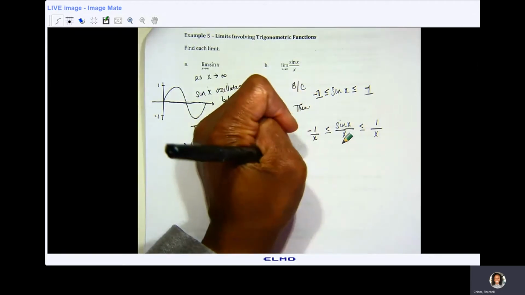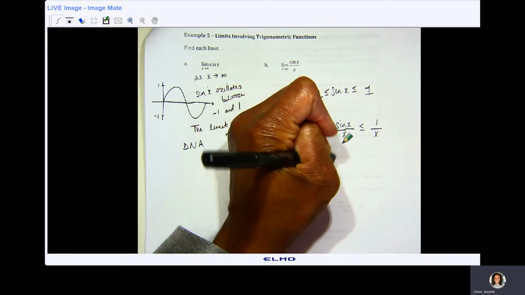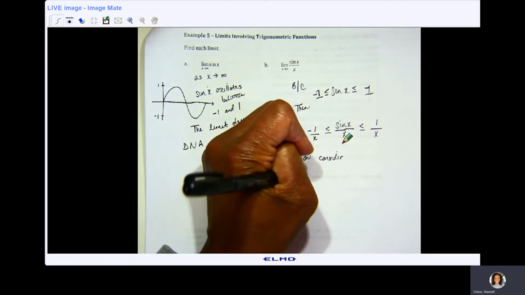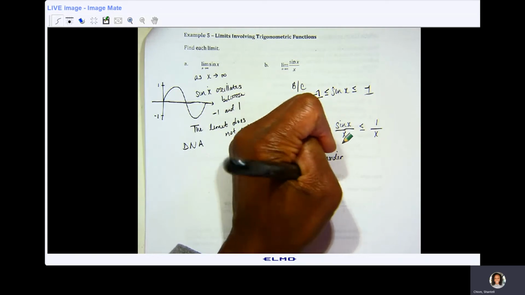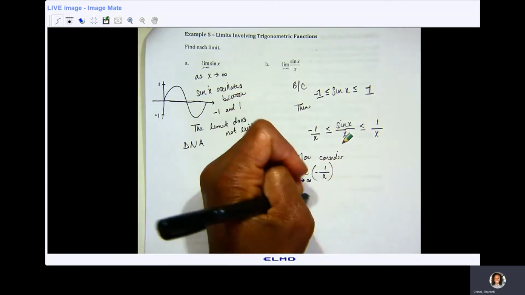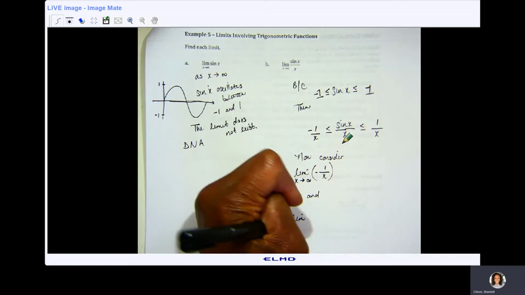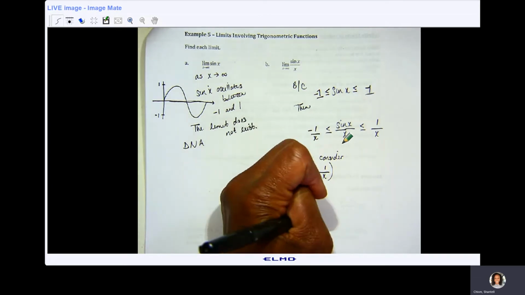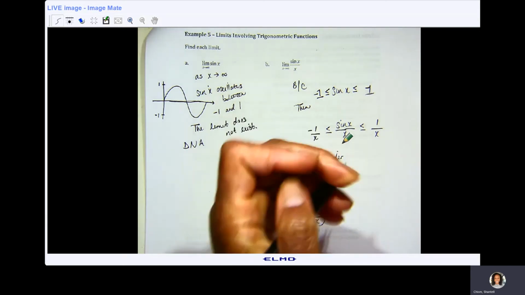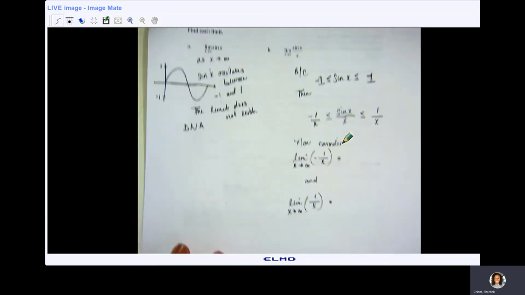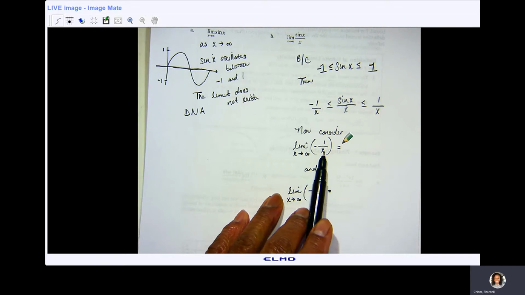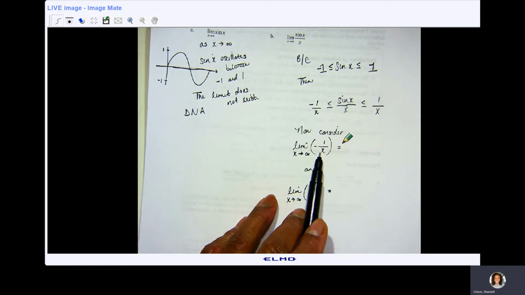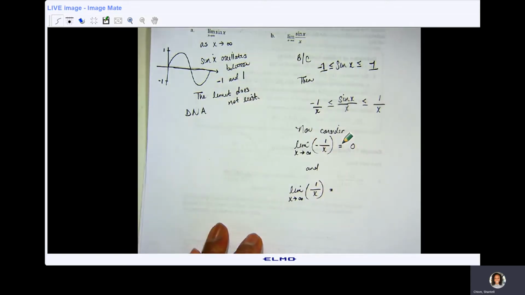So what I'm going to do now is consider each limit: as x approaches positive infinity of negative 1 over x, and the limit as x approaches positive infinity of 1 over x. As x approaches positive infinity, negative 1 over x gets smaller and smaller. 1, or any number, divided by a really, really big number approaches 0.